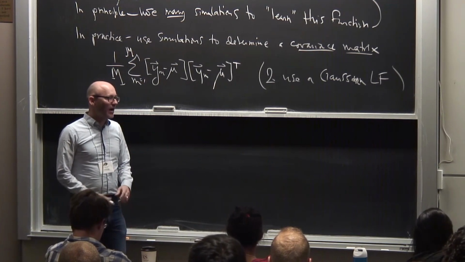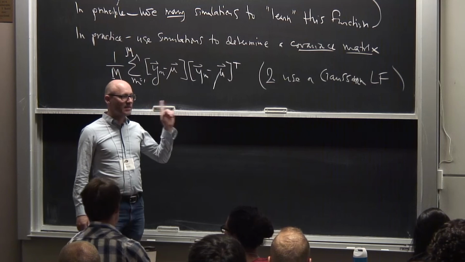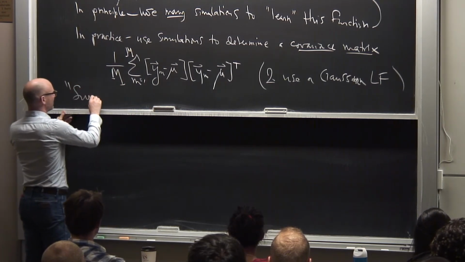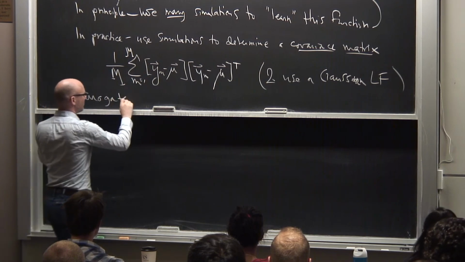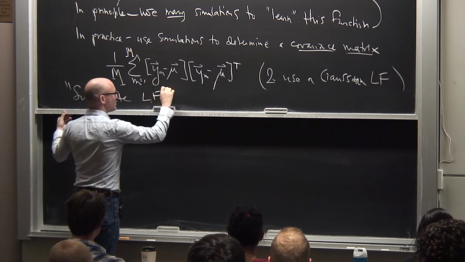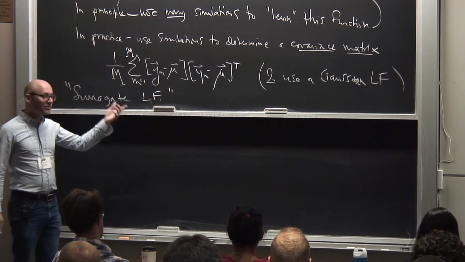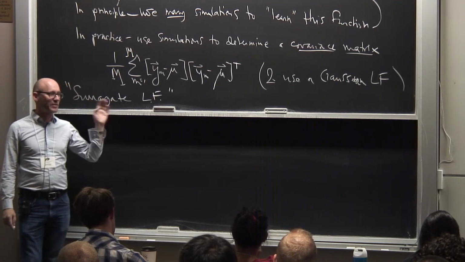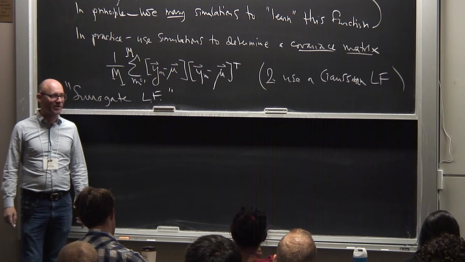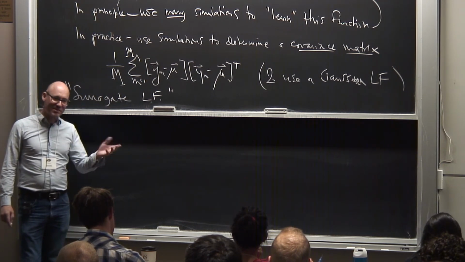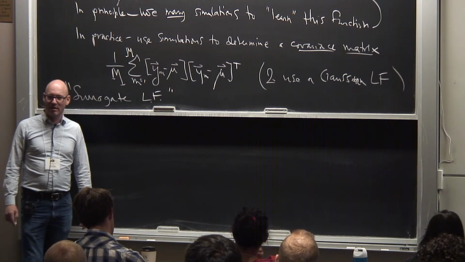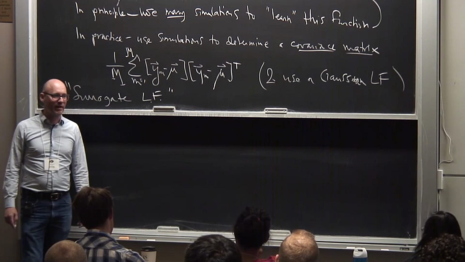And this, if you look in the statistics literature, this method is called a surrogate likelihood function. Interestingly, the cosmologists do not call it by this name because cosmology has been doing this since before they noticed that there's a statistics community. And the statistics community has been doing this since long before the cosmologists crossed their radar.